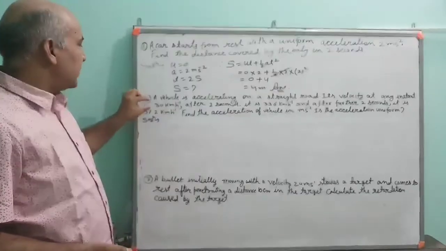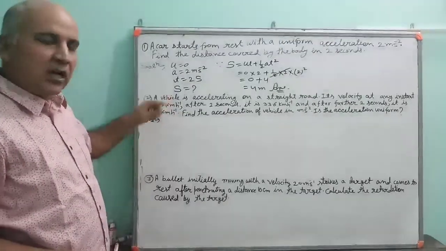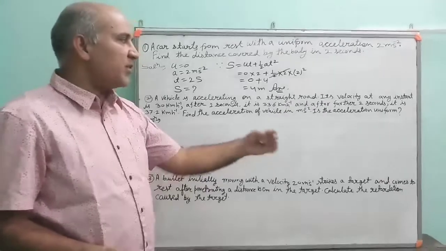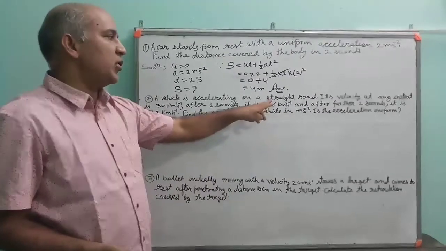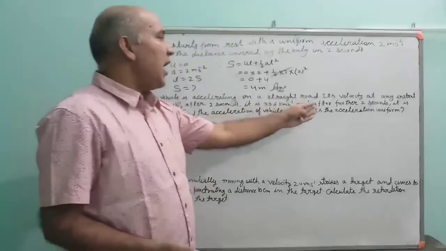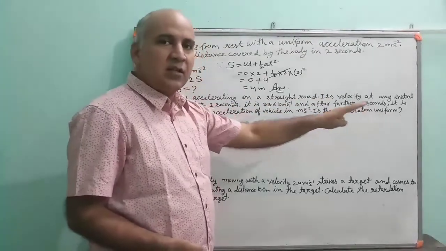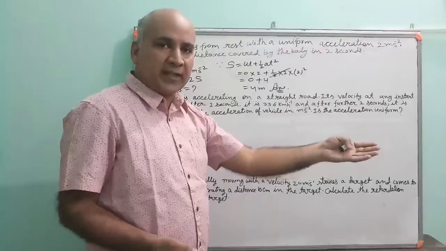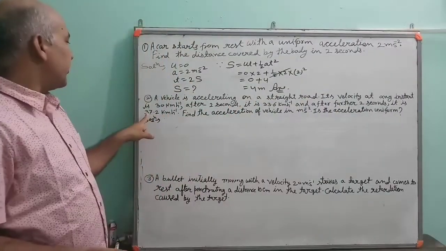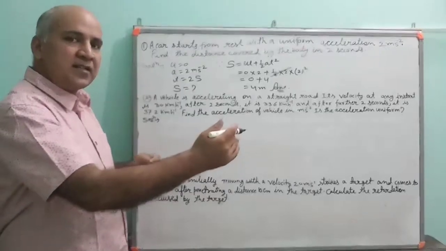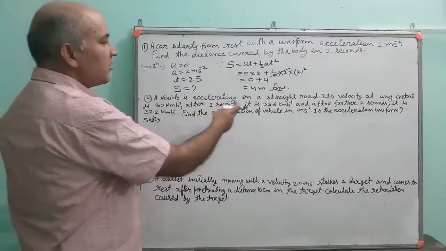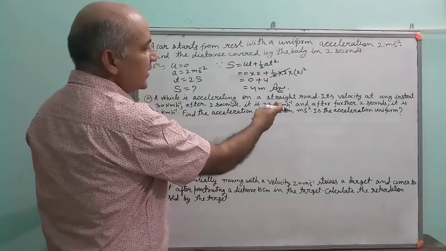That means when the velocity is 30 km per hour, due to acceleration after 2 seconds the velocity becomes 33.6 km per hour. And after further 2 seconds, in the next 2 seconds, it is 37.2 km per hour. That means velocity is increasing here. Find the acceleration of vehicle in meter per second square.